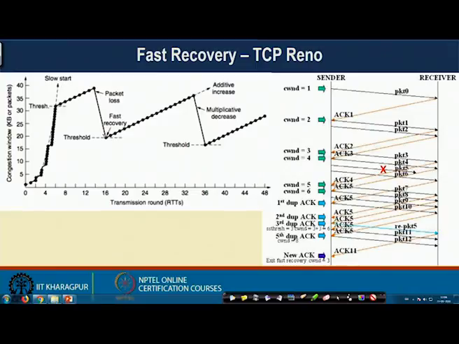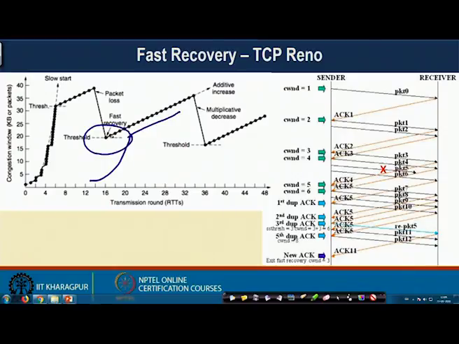After applying fast recovery, whenever you receive a new acknowledgement, again you go with the additive increase. Here, if you compare it with TCP Tahoe, we are not making the congestion window 1 MSS. TCP Tahoe makes the congestion window 1 MSS again and then applies slow start up to the slow start threshold, and then applies the additive increase.